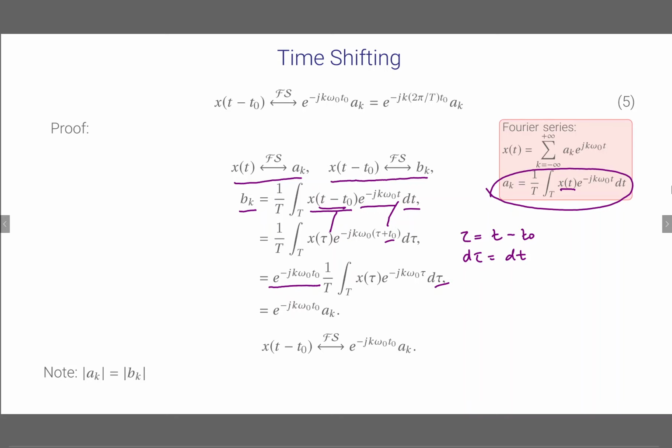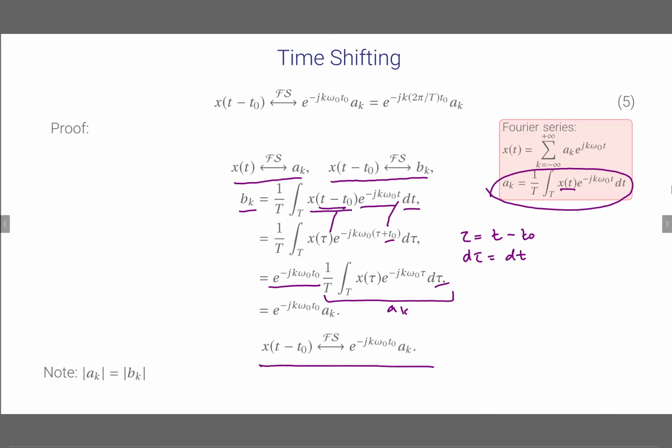Therefore we can take it outside the integral sign, and therefore we have this form. And then we realize this actually is a_k, because tau is just a dummy variable. So therefore b_k is equal to e to the power of minus jk omega naught t naught times a_k, which is our property that we wanted to prove.